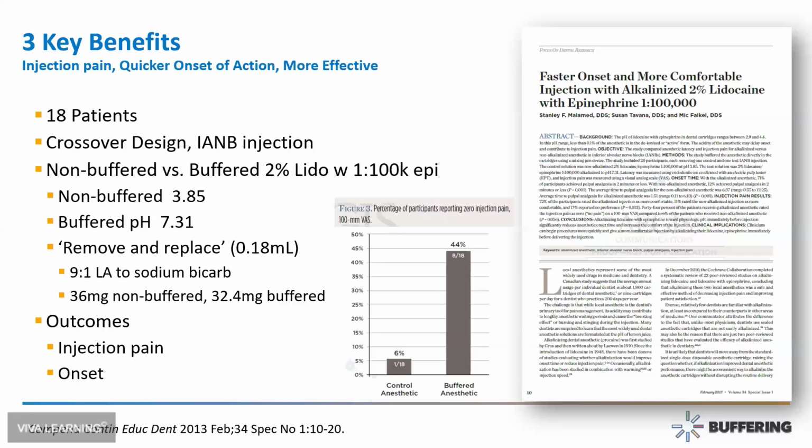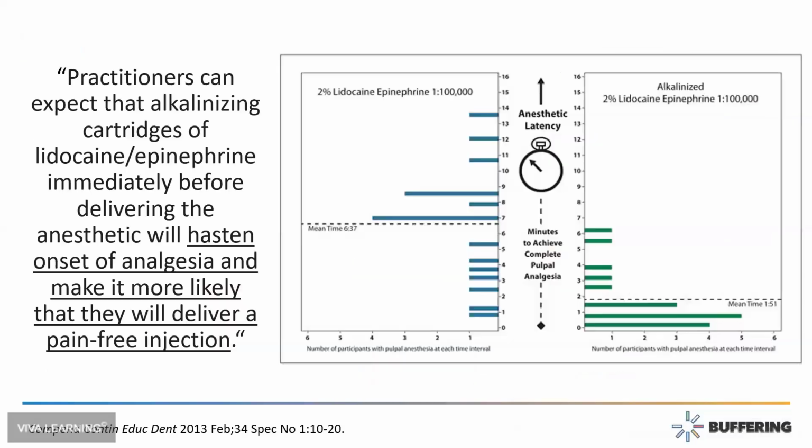Of the controlled, non-buffered anesthetic, only 6%, 1 out of 18, said they felt no injection pain. Compare that to the buffered anesthetic, where 8 of 18, 44%, said they felt 0 pain upon injection, so much better. And the best part of this study is the next slide, which shows the onset time.